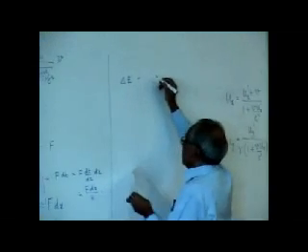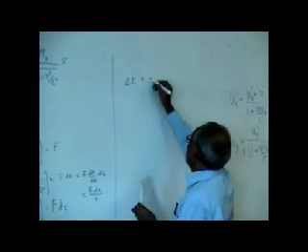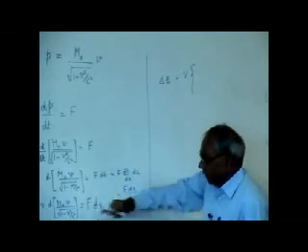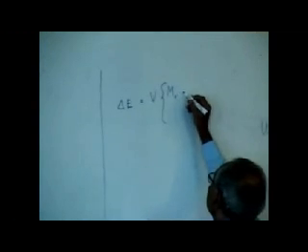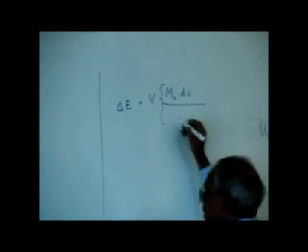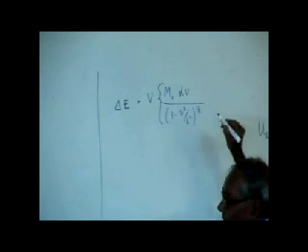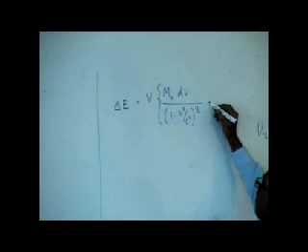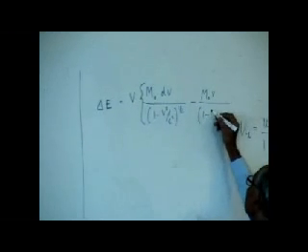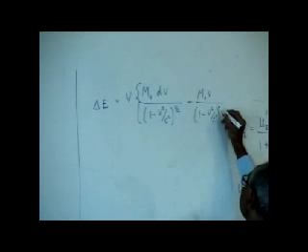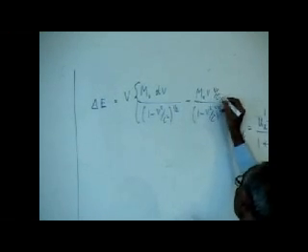That's equal to delta E is the integral of v times m0 dv by (1 minus v squared by c squared) to the power half, minus m0 v divided by (1 minus v squared by c squared) to the power 3 by 2 times v by c squared.